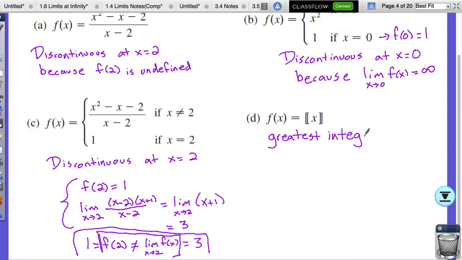That graph looks like a stair step. I've also heard it called the floor function. It can be written like this, or depending on the textbook, like this, where it looks like a bracket but the top parts aren't there.